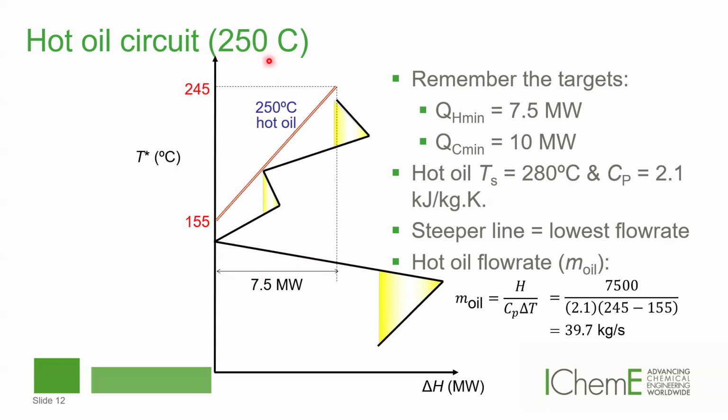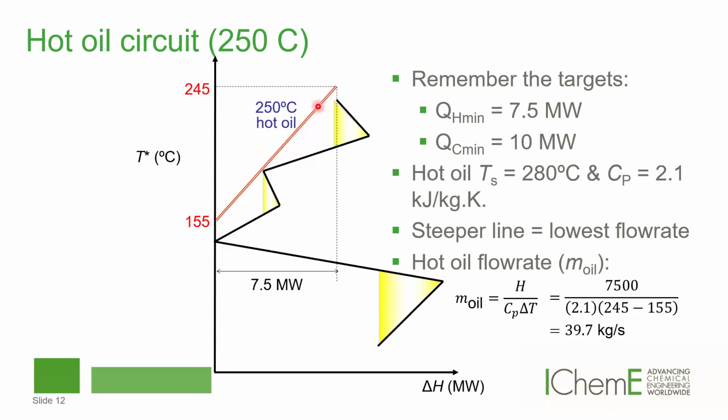So that's 250 minus 5, 245, and make the rectangle. Just like before, we need to plot a steep line from this point inside the rectangle, but making sure that it's right above the grand composite curve. So it's barely touching this point.